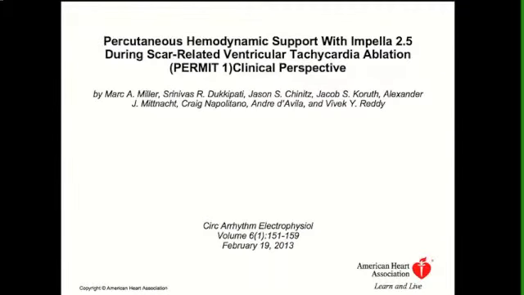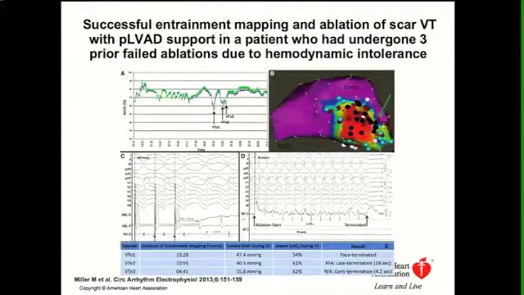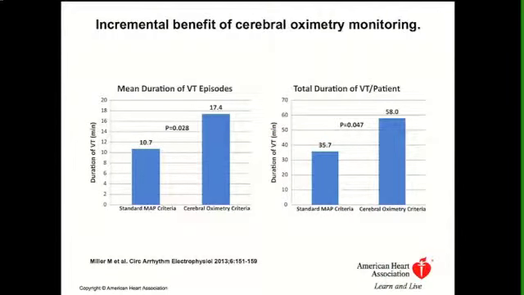This is from Mark Miller and Vivek Reddy and his cast of thousands in between. And if you look here, they got very, very good support, allowing them to have appropriate mean pressures. They dropped a little bit when they went into VT, but they were able to use more conventional entrainment mapping and eliminate the tachycardia with well-formed substrate, but with support from the spinner device.